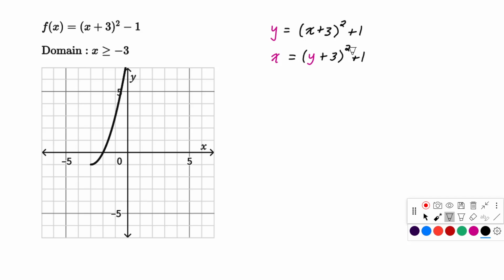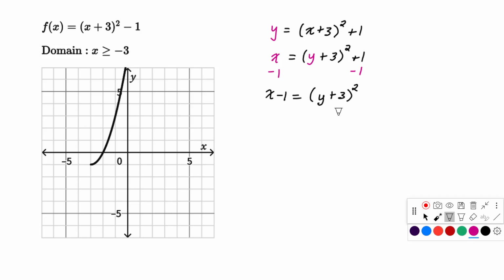In order to take care of this y plus 3 squared, in order to undo that squared, I first have to do the inverse of plus 1. So I'm going to subtract 1. And we now have x minus 1 equals y plus 3 squared.